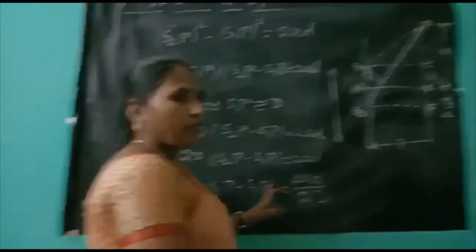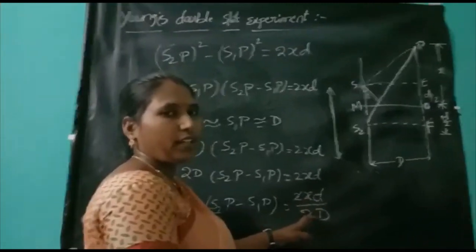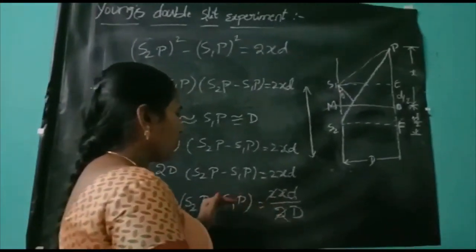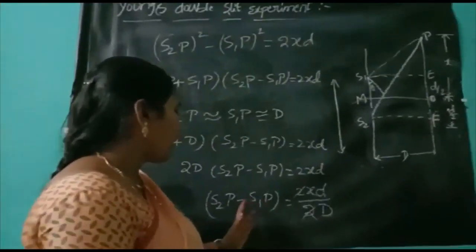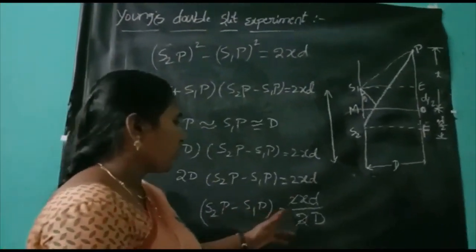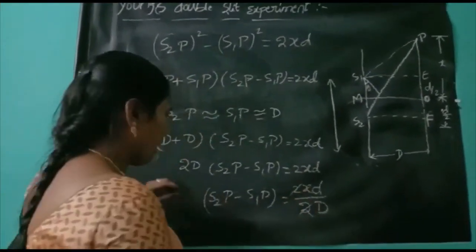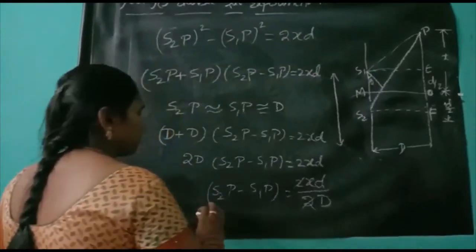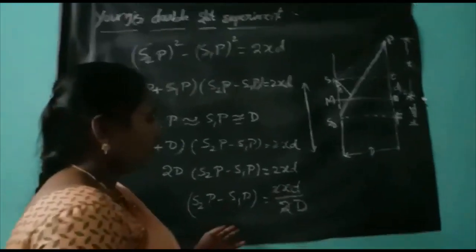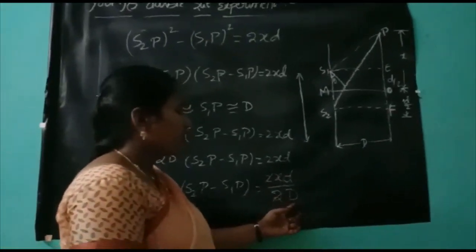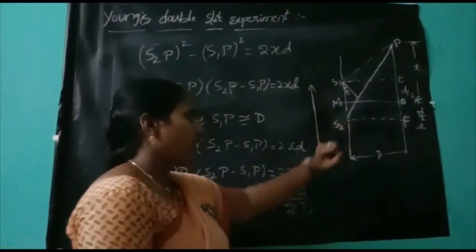S2P minus S1P is equal to XD by capital D. So in the interference we got S2P minus S1P is equal to XD by capital D, small d by capital D, where D is the distance between the slits to screen.